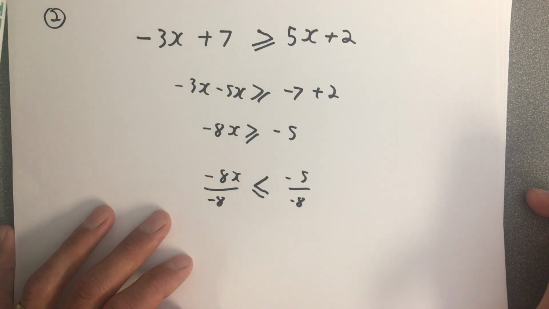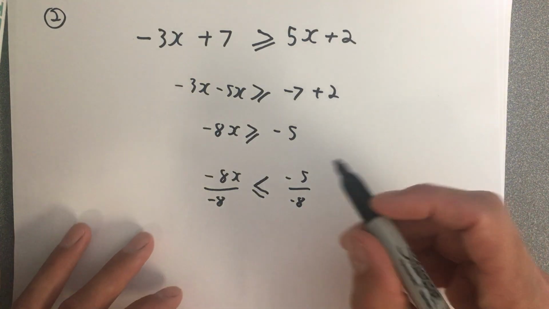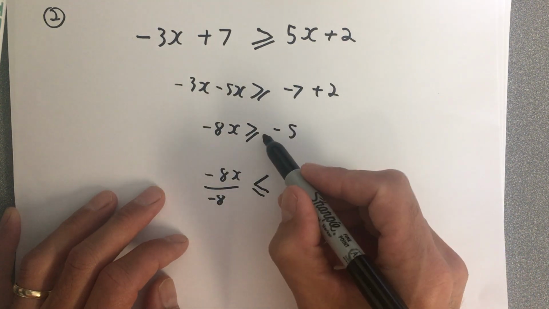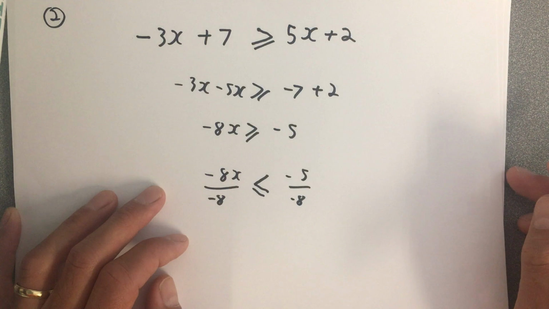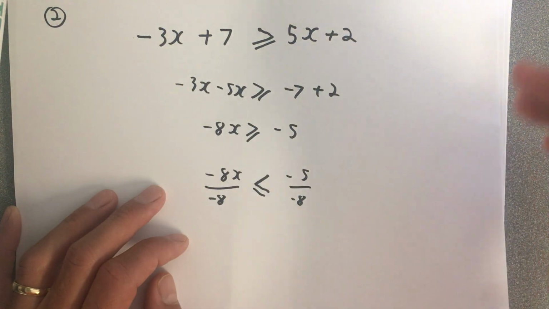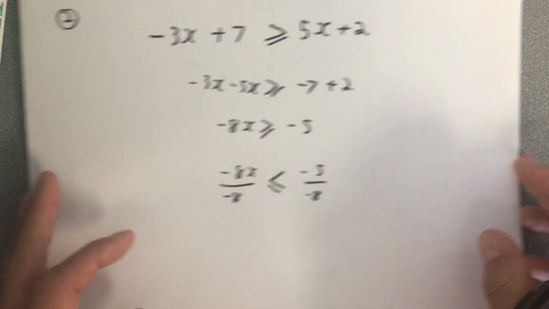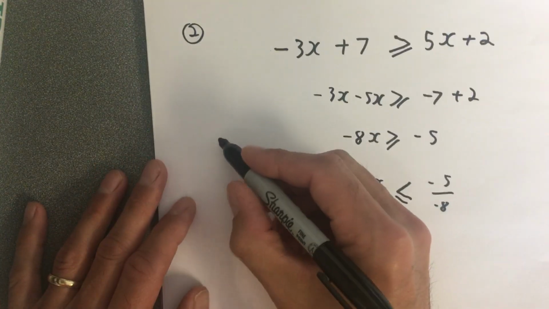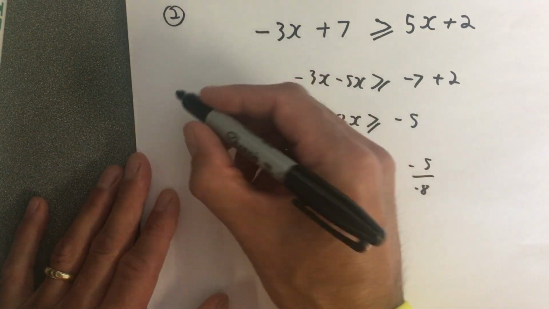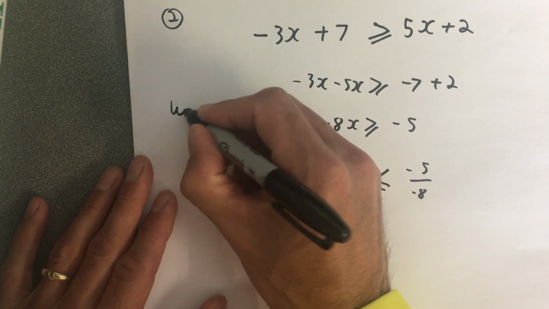we immediately switch the inequality. I'll explain that with a simpler example, but here's the rule. If you multiply or divide both sides by a negative, you flip the direction of the inequality. That does not apply with adding or subtracting negatives, but that does apply when you're multiplying or dividing. So here's the rule that makes it different from algebra with equations.